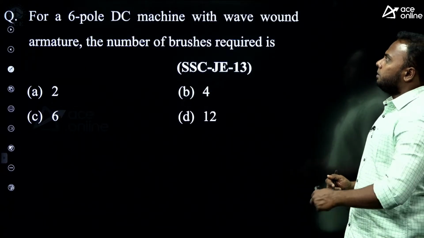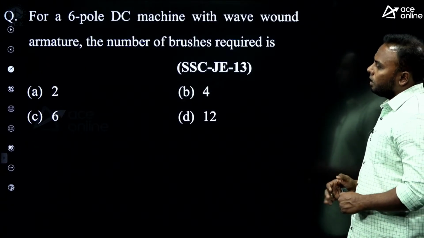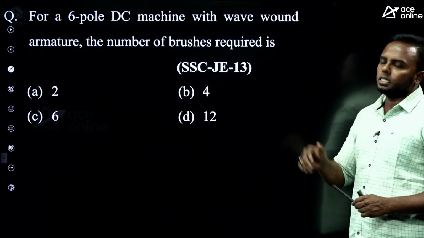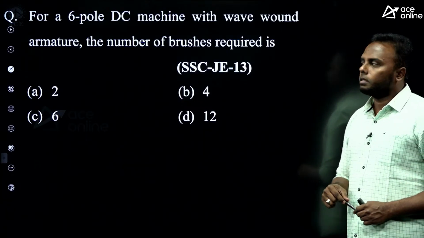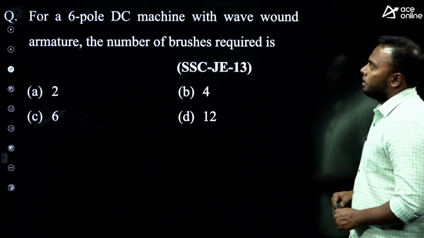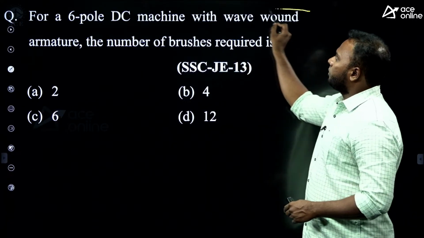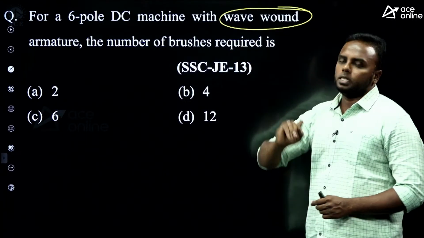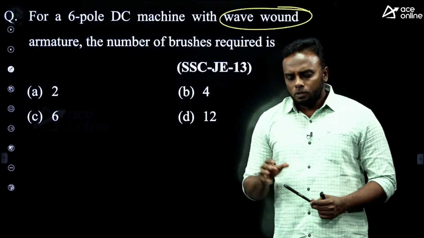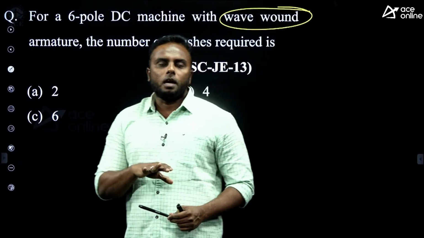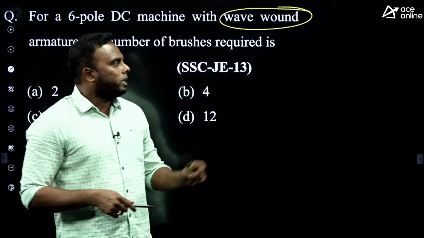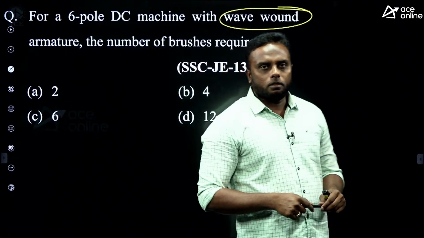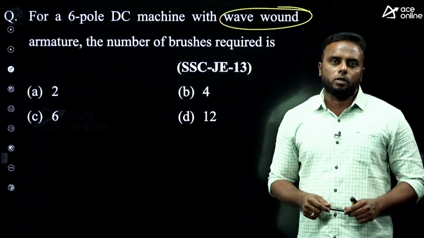See this question. Try to answer simultaneously. For a 6-pole DC machine with wave wound armature, the number of brushes required is dash. Tell me. Wave connection is given. So we have some important differences between lap and wave winding. Remember, only 2 brushes for wave connection.